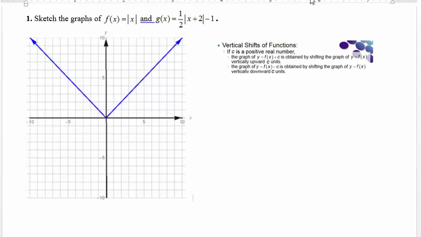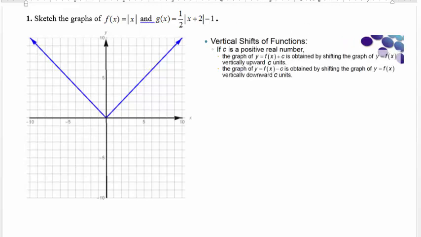So let's take a look at that. All right, so notice g of x is actually 1/2 times f of x plus 2, minus 1. So that's another way we could think about g if we want to talk about it in terms of f.